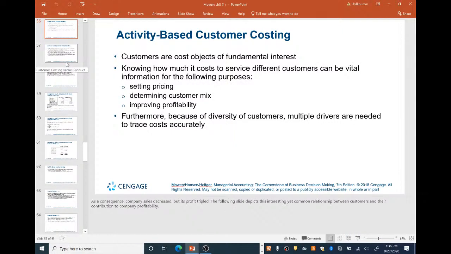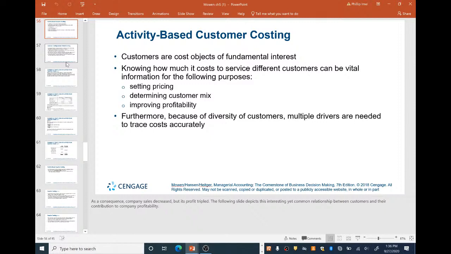So that gets us into activity-based customer costing. Customers are obviously going to be cost objects of fundamental interest. What does that mean? We have to know the nature of our customers and what it's going to take to satisfy them in the long haul, to help determine really critical aspects of the company.